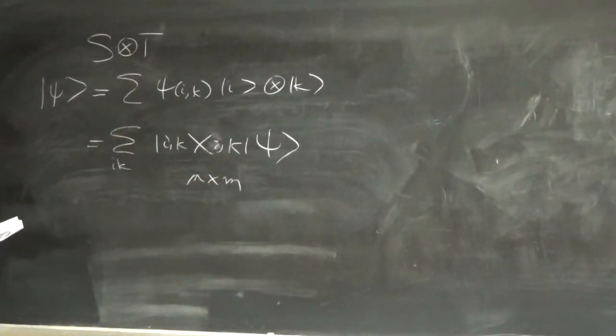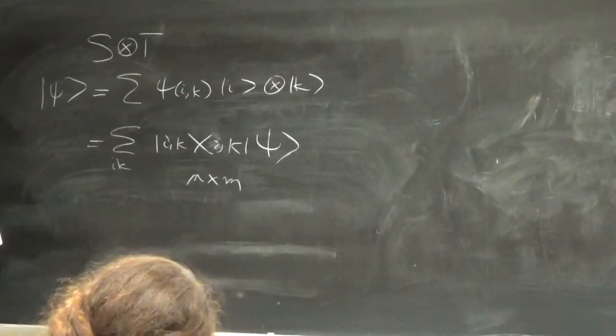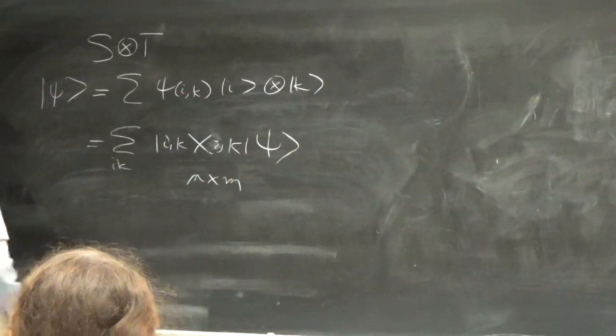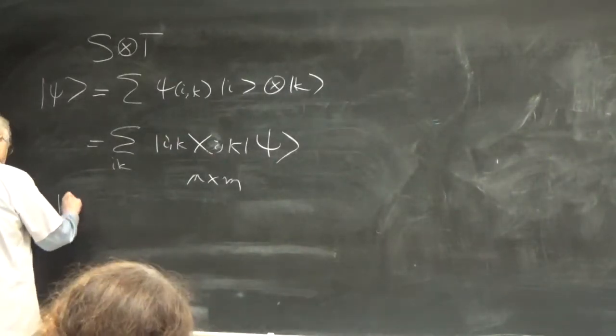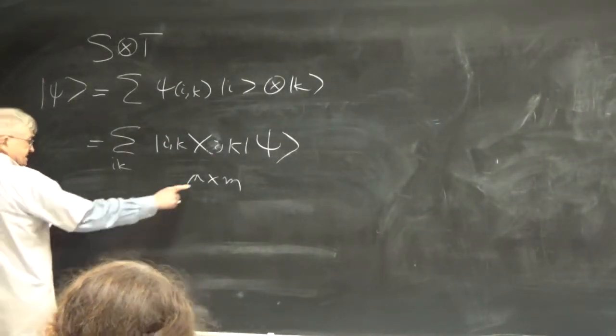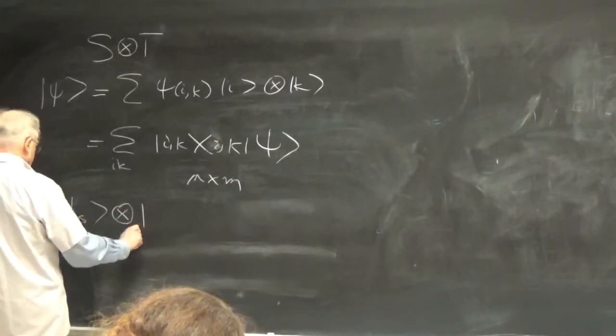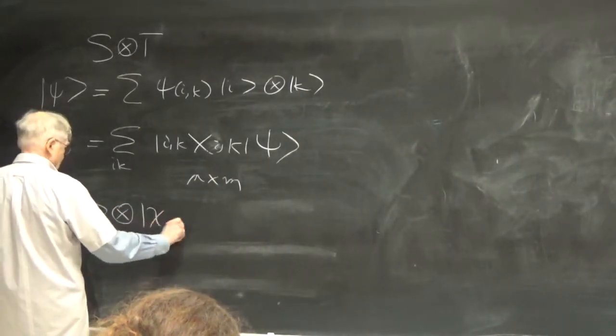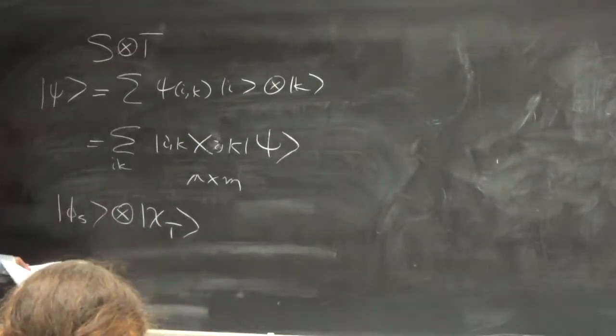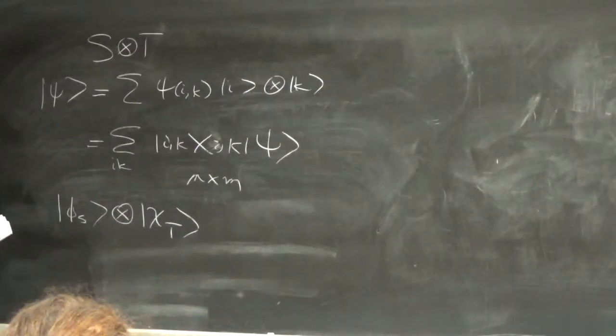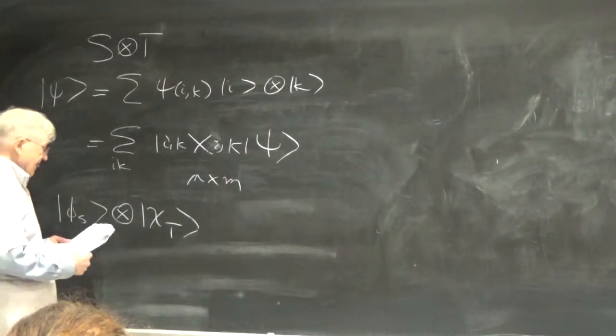On the other hand, there's something much, much simpler. Namely, you can imagine that you have a particular vector phi in the n-dimensional space S, and you take its direct product with an arbitrary vector chi in the m-dimensional space.